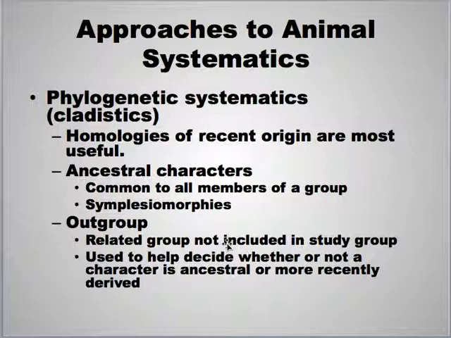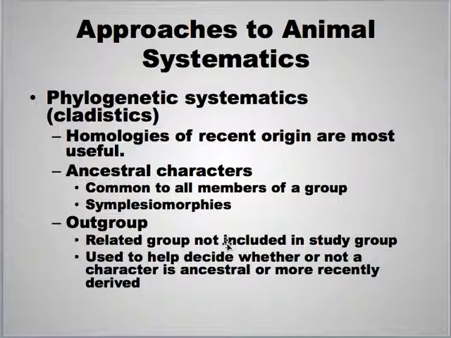In cladistics, or phylogenetic systematics, the most recent homologies are the most useful. Why? Because they tend to show the most recent evolution and most likely where the most recent breakoffs from those homologies are going to be.